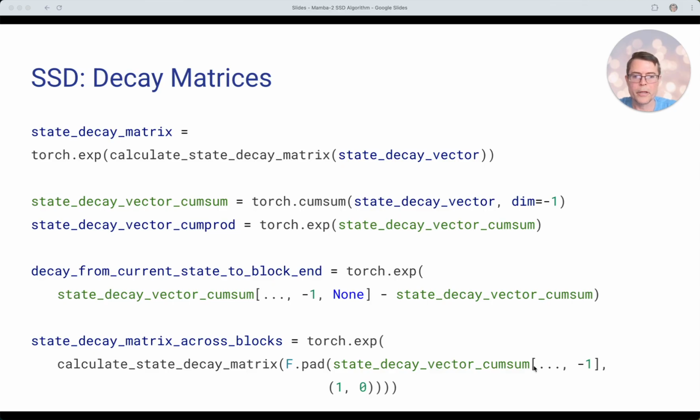So at the last dimension, we put in a 1, which is saying we're grounding the sequence of decays by multiplying by 1. Your first input should not be decayed when making your first state. That's effectively what's going on there. And then you can use that for calculating output. All right, so you get a bunch of decay matrices.